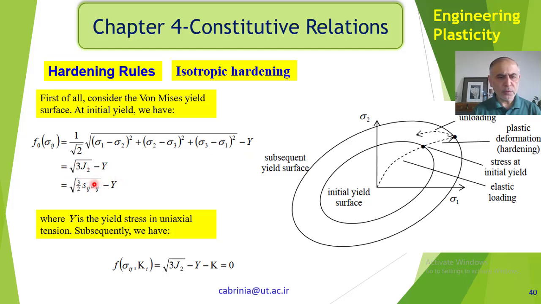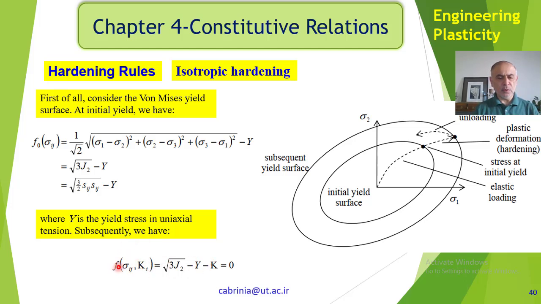So we could show this initial yield surface for Mises as root 3 J2 minus y, or root 3 over 2 S_ij S_ij minus y, where y is the yield stress in uniaxial tension. Remember that: yield stress in uniaxial tension, not multiaxial tension.